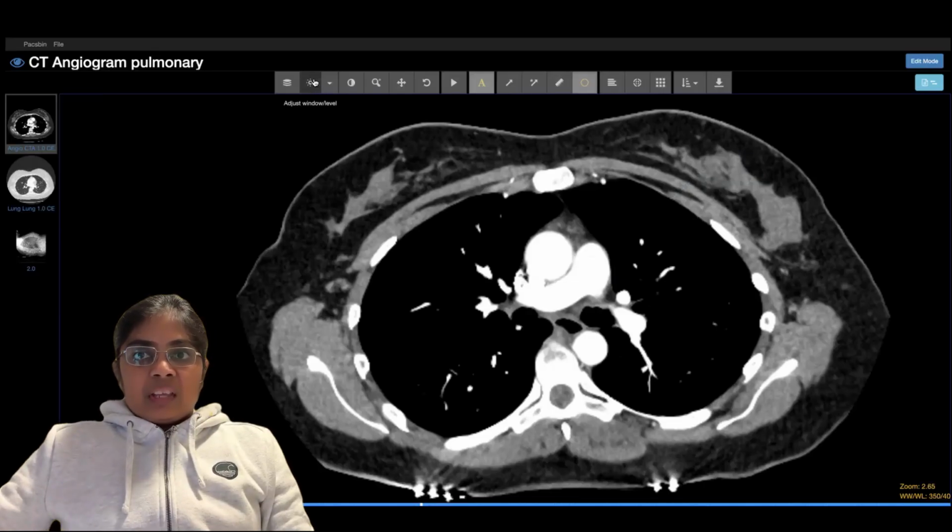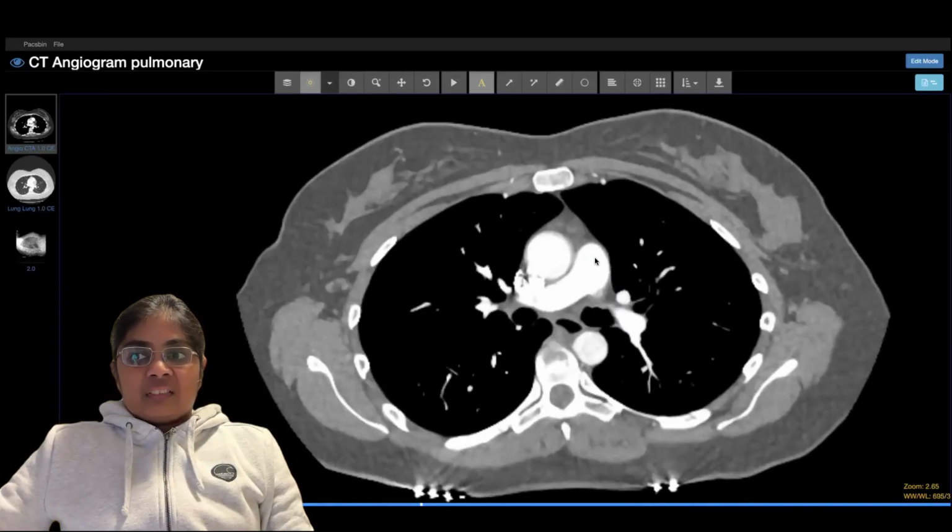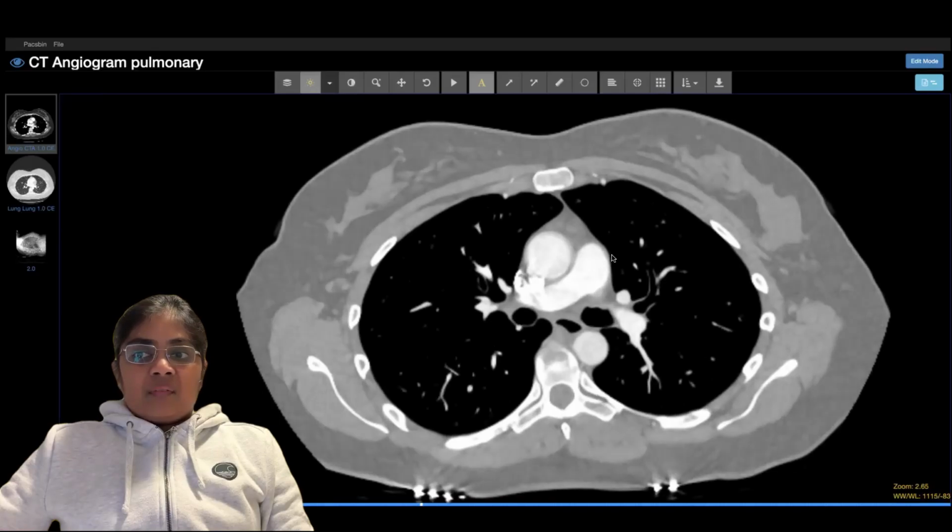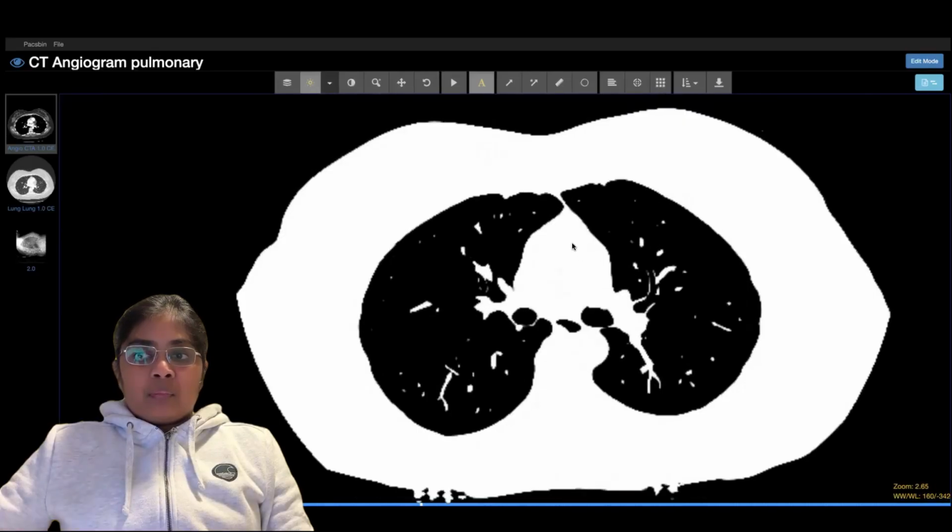Next thing is that the pulmonary arteries at this moment in time are too bright. The significance of that is that it makes evaluating for pulmonary embolus harder.